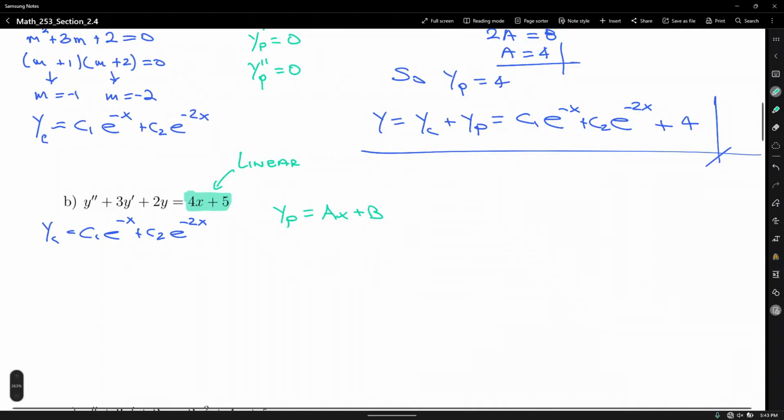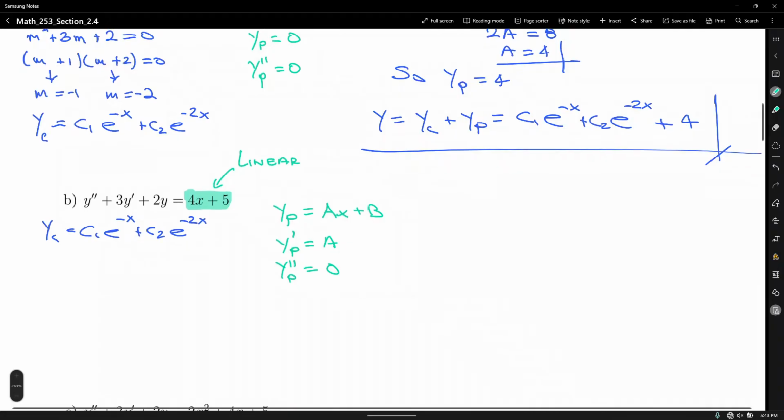Let's take again two derivatives. That is y prime sub p, that'll be the derivative of ax, it's a, plus the derivative of b, that's just 0. And then the second derivative of y sub p would be the derivative of a constant, which is 0 in this case.